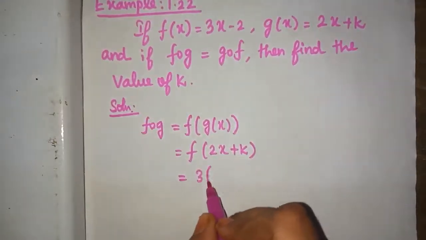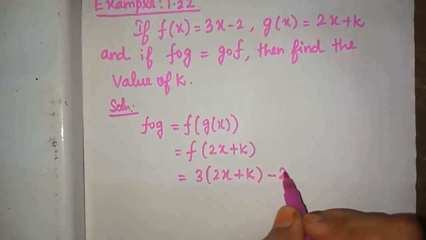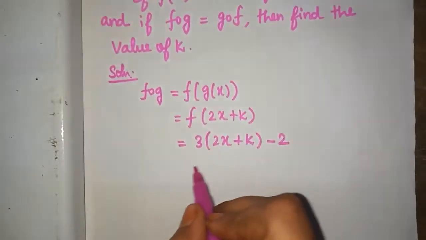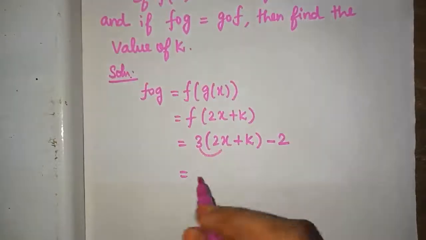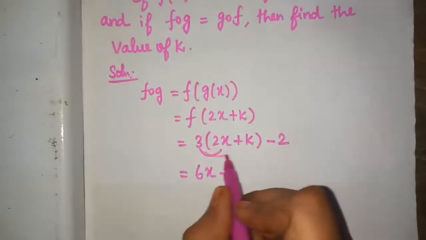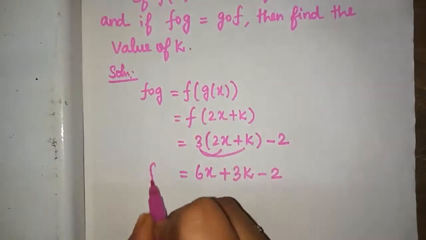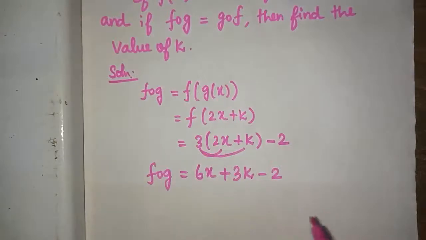So 3 into 2x plus k minus 2. The next step is you have to multiply this. So 3 into 2x is 6x plus 3 into k is 3k minus 2. This is your f composite g.